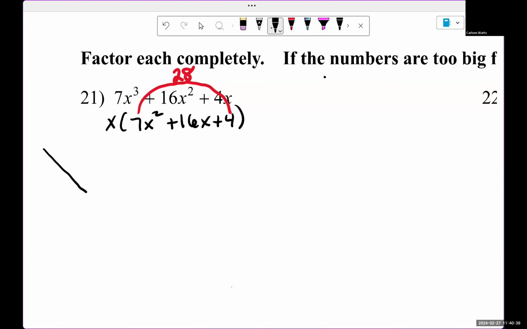I need 2 numbers that multiply to get 28 and add to get 16. So we look at the chart of factors. 14 and 2. Okay, don't forget that x. That x is gonna come back later. We're gonna ignore it for right now and make a box.